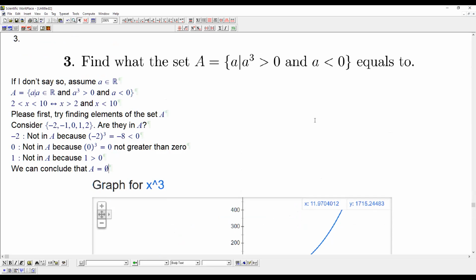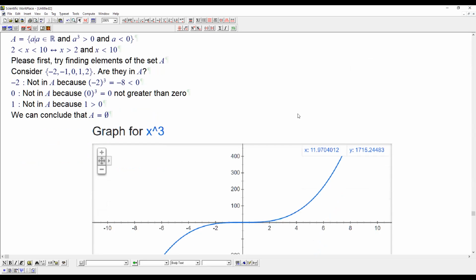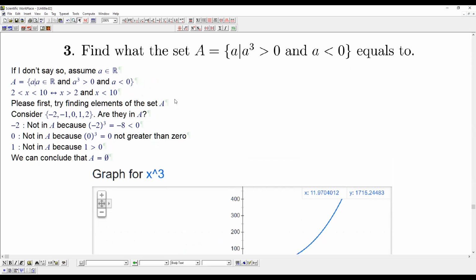All right. Questions about this? No. So you see that there can be many ways to express the empty set, a million or an infinite number of different ways. I can just say A is such that A cube is greater than 0 and A cube is smaller than 0.